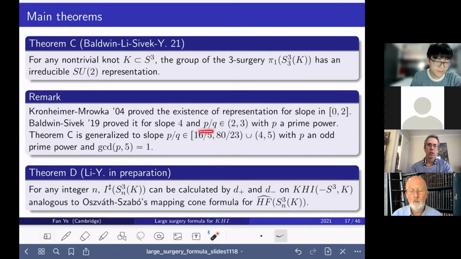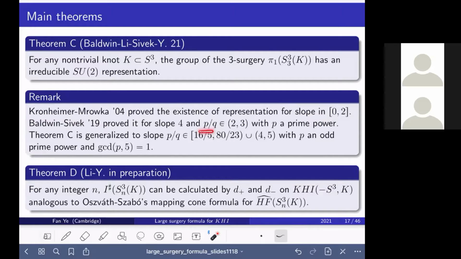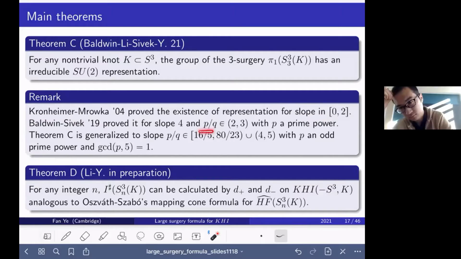And indeed, our theorem can be generalized to slopes 4 and 5 and an interval between 3 and 4. So this is another important application of the large surgery formula.